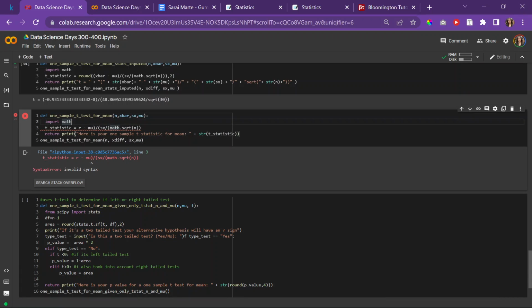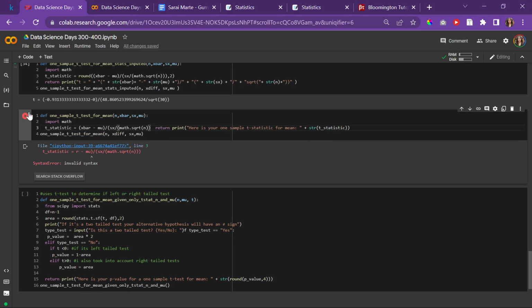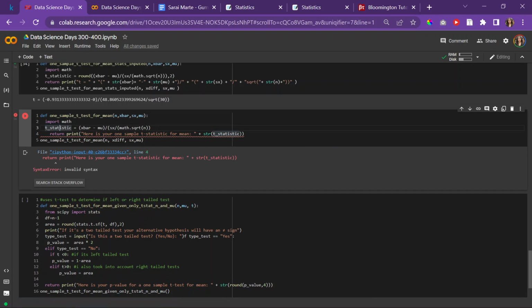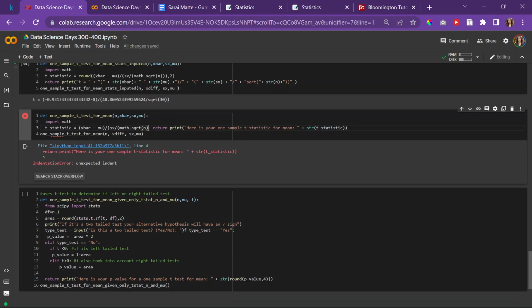Oh, what now? Oh my God. What is going on? X bar. Why is this happening? Am I missing something? Oh, you're kidding. My keyboard doesn't want to work.